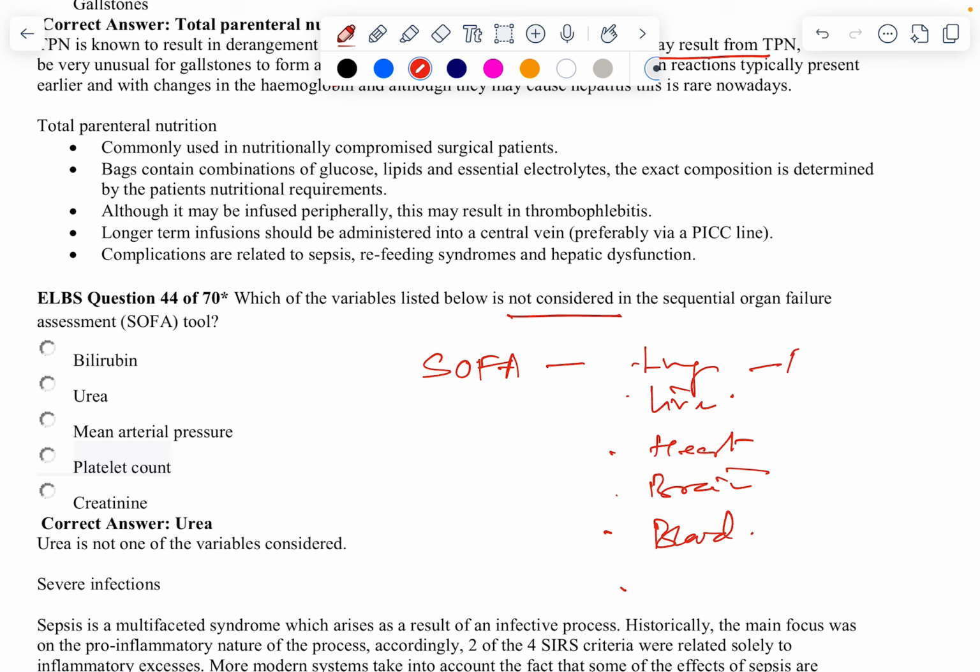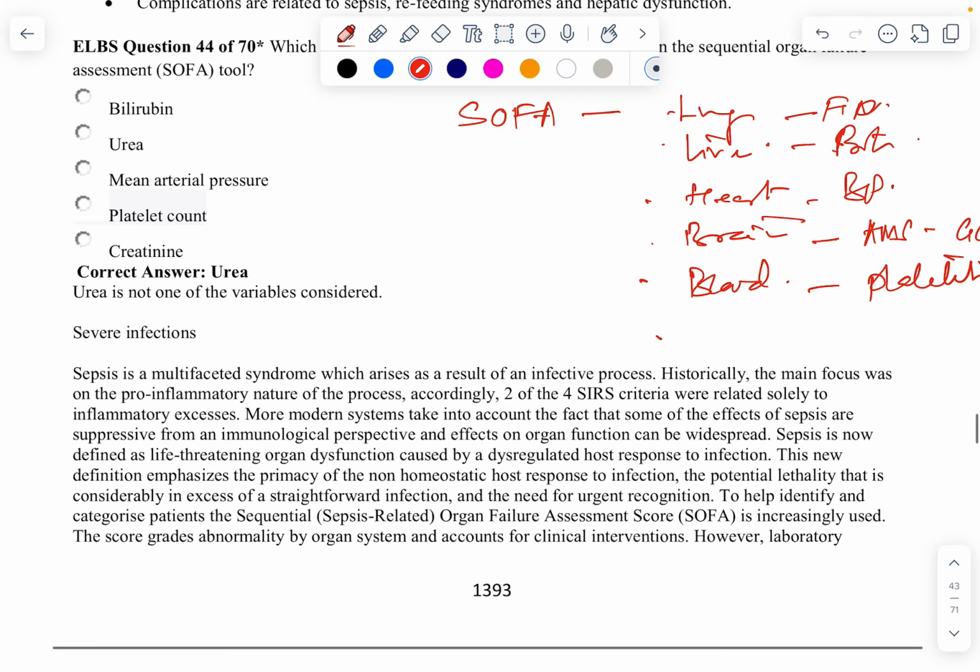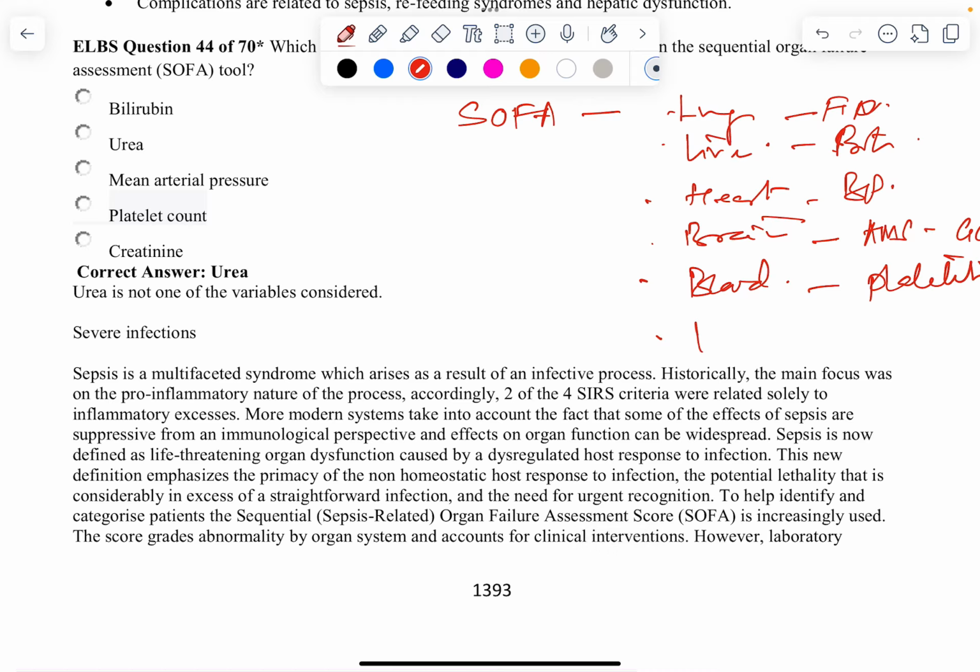So lungs, you measure FiO2; liver, bilirubin; heart, you measure BP; brain, you measure altered mental status, Glasgow Coma Scale; platelets; kidneys, so you measure creatinine.